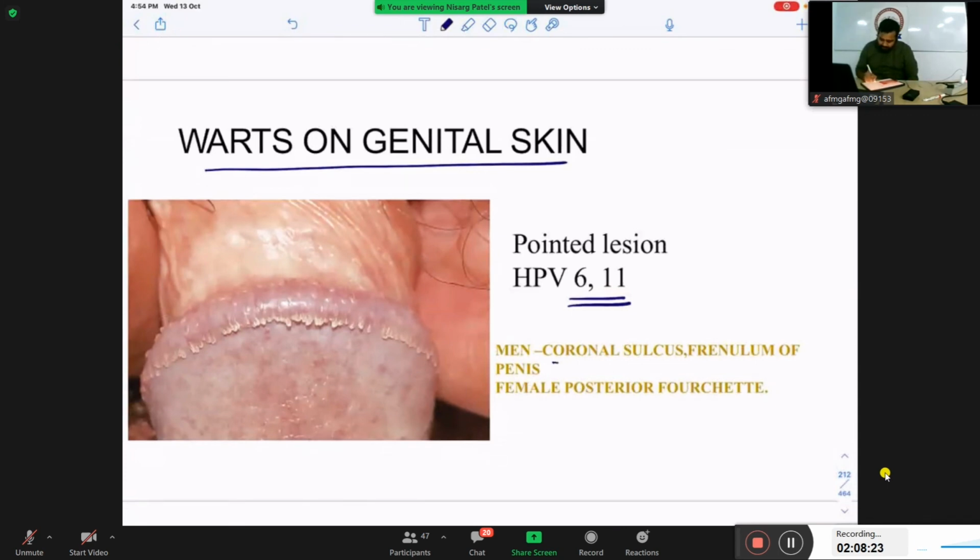In the men, commonly these warts are seen on the coronal sulcus and the frenulum of the penis. And in the female, you will see this on the posterior fourchette.